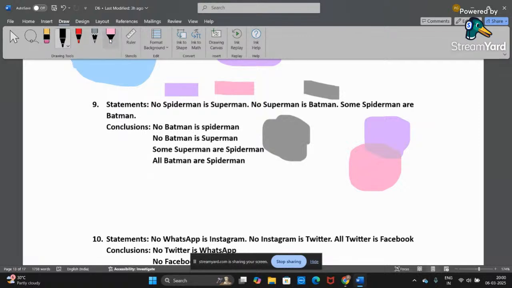We have written the condition that no Batman is Spider-Man, so we have written Batman separately in gray color and Spider-Man separately in purple color. No Batman is Superman. Superman is written separately. Then some Superman are Spider-Man. So I have drawn it like this because some part overlaps. All Batmans are Spider-Man.